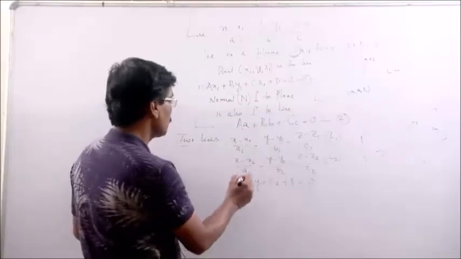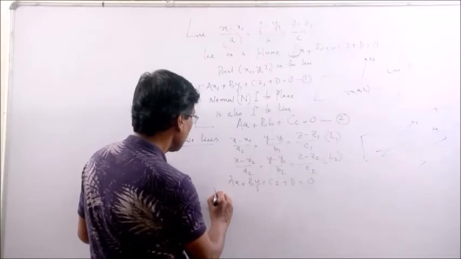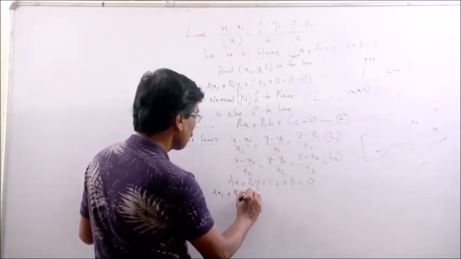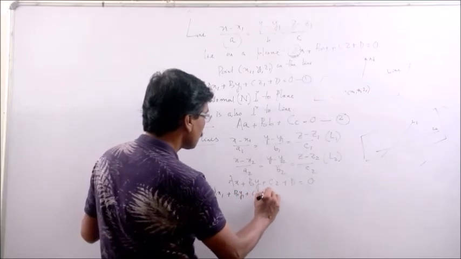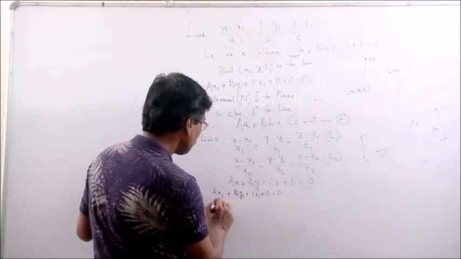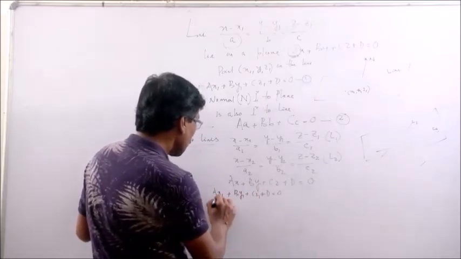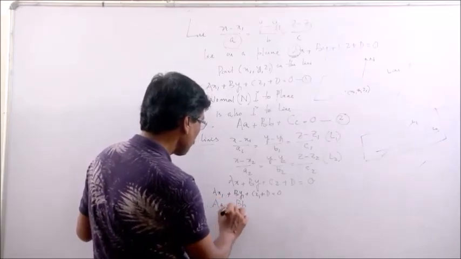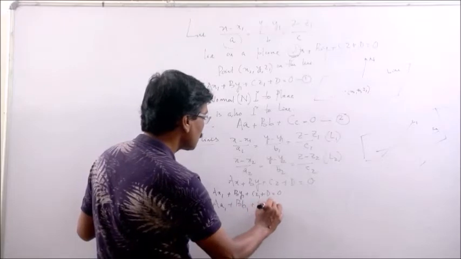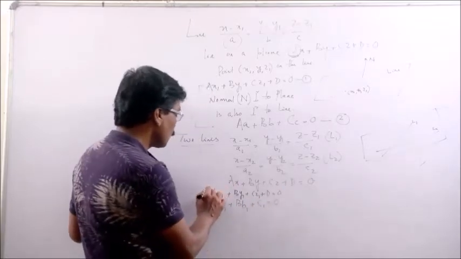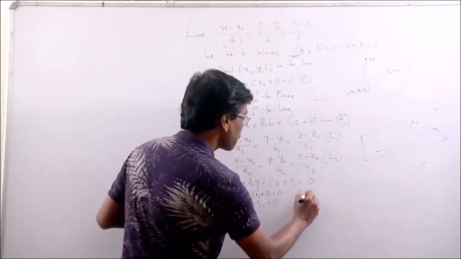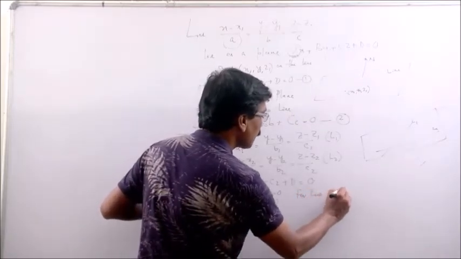First, a x1 + b y1 + c z1 + d = 0, and a a1 + b b1 + c c1 = 0. So these two conditions are for line L1 on the plane.